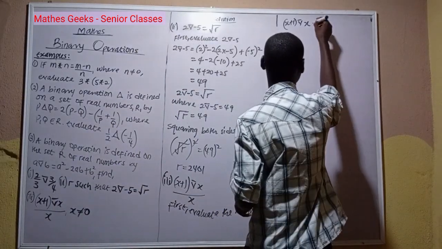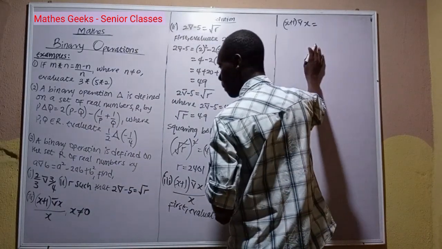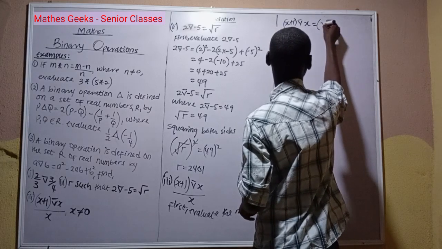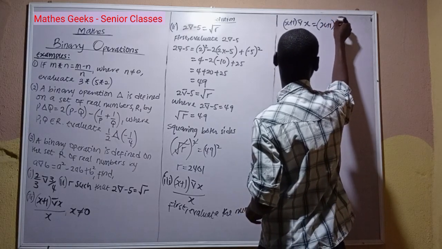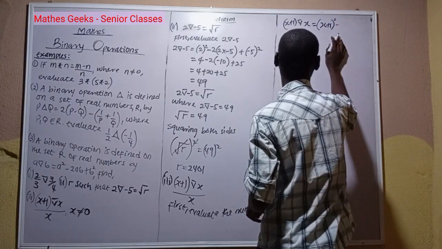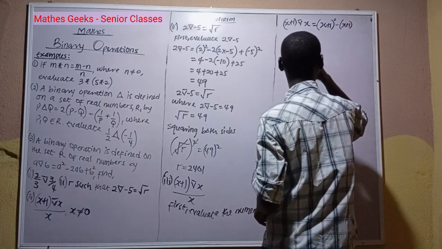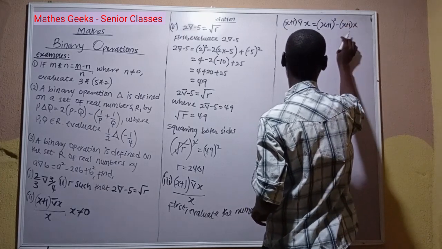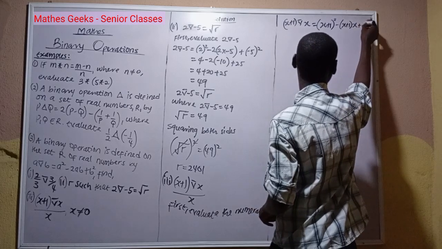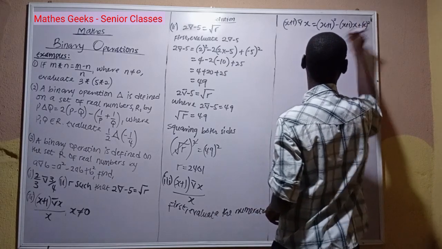So this will give us x plus 1 squared minus 2 times x plus 1 times x, plus x squared.